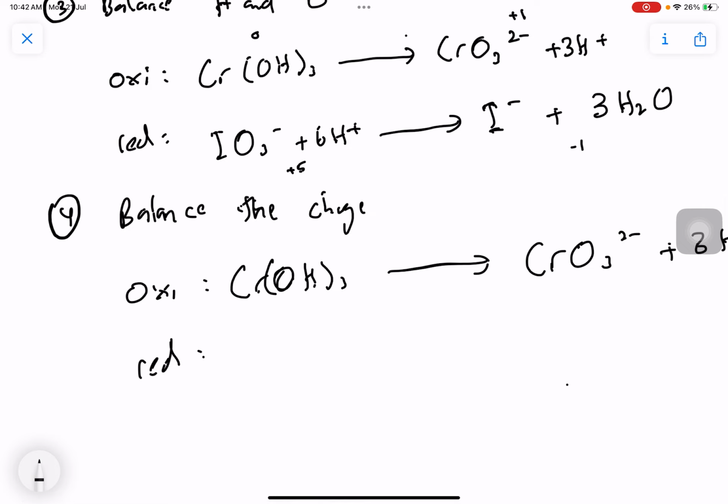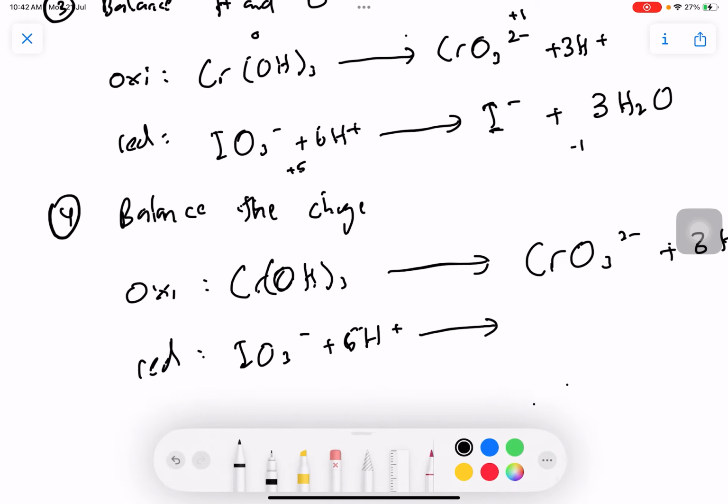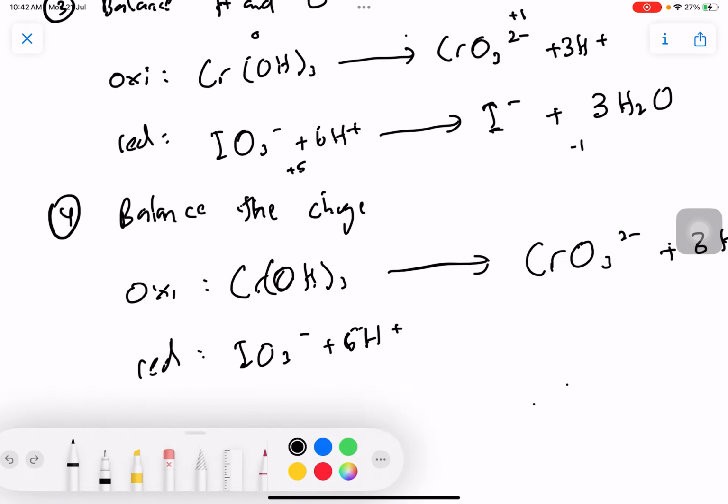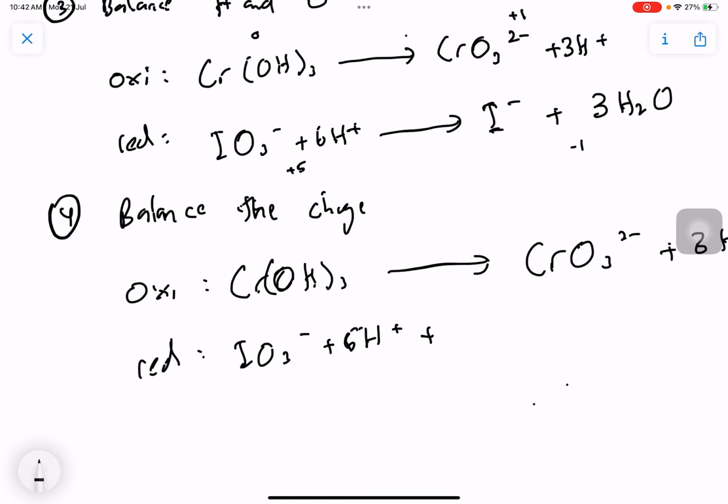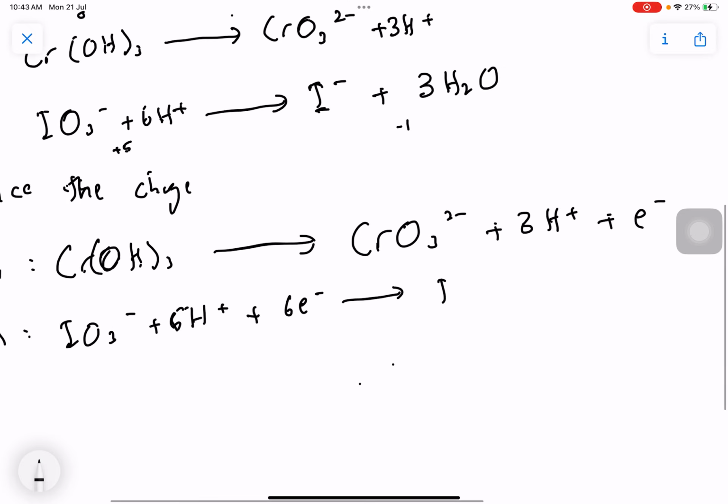So IO3- plus 6H+ plus how many electrons? 6 electrons, and become I- plus 3H2O.